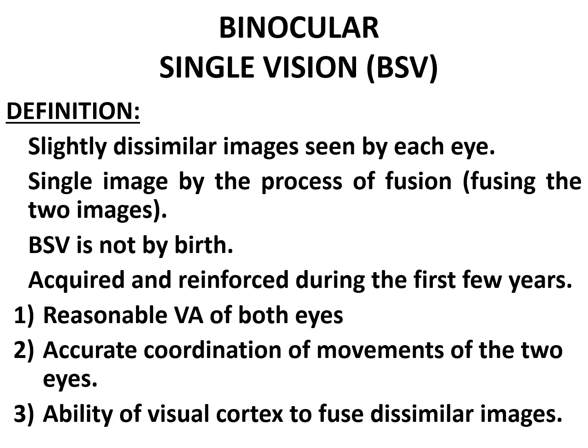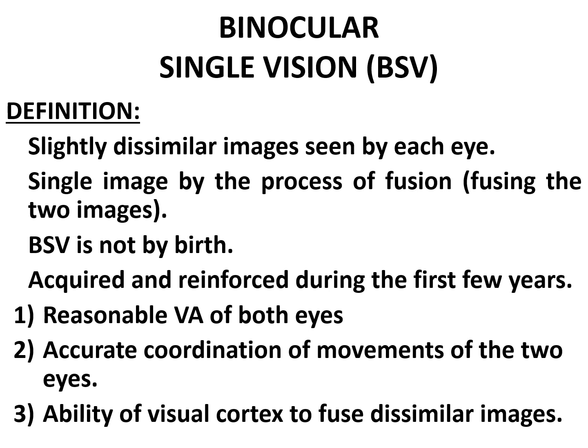Now I want to give you a crude concept of binocular single vision. By definition, slightly dissimilar images seen by each eye are fused to a single image by a process of fusion. Binocular single vision is not present at birth.